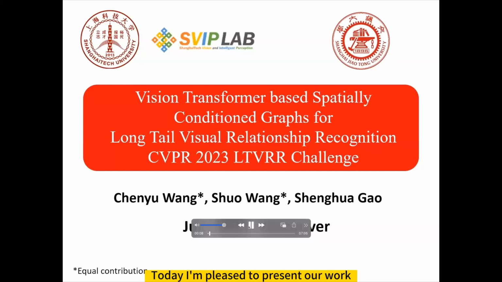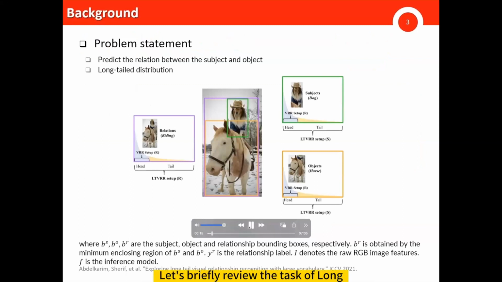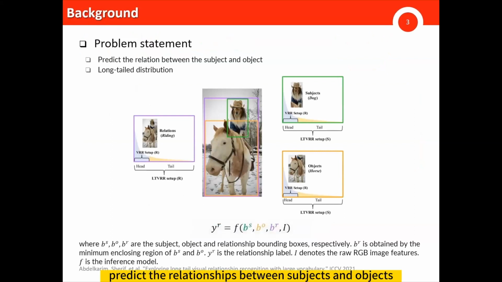So, our work is about visual relationship recognition. We address the task of visual relationship recognition, which aims to predict the relationships between subjects and objects, while considering that there exists a long-tail distribution.